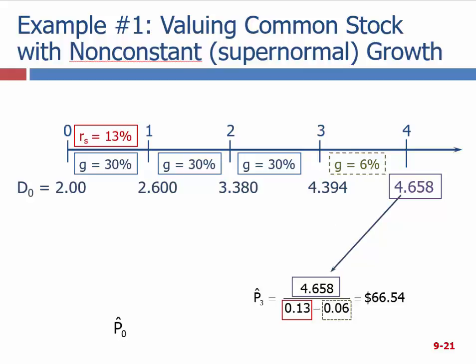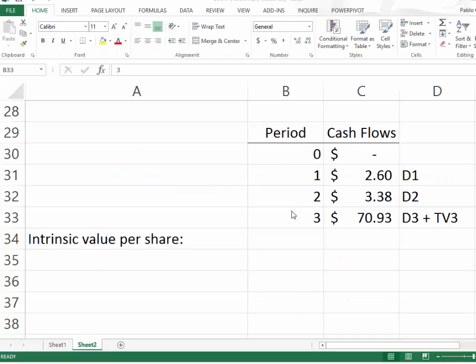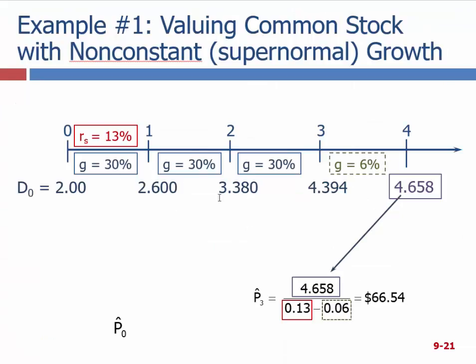So to sum it up, we need to find the present value of an uneven cash flow. So we put this in a table. We have the periods and we have the different cash flows. If you remember, cash flow 1 was 2.60. So we put 2.60, 3.38, and then dividend 3, which is 43.94, and we also need to put the intrinsic value once the company growth becomes constant, which is 66.54.